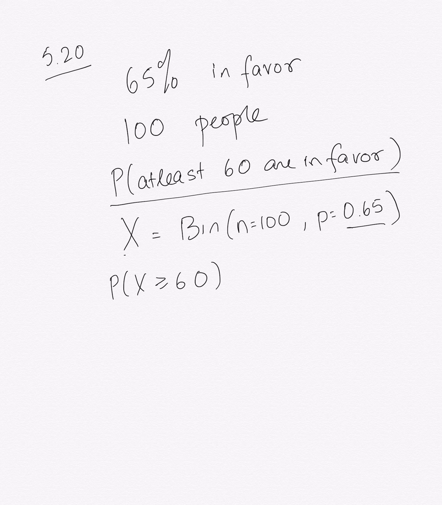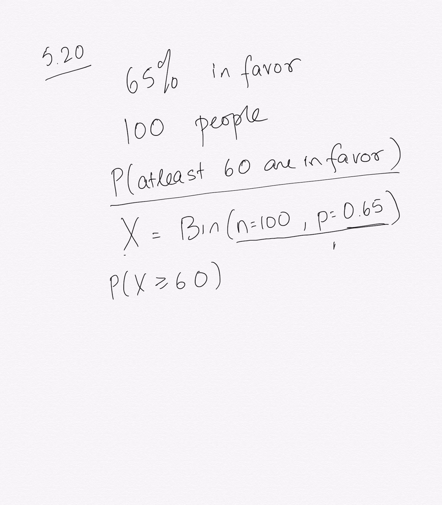That's going to be a giant sum, and we don't want to deal with that. So what can we do in this situation? Well, if you take a look at these numbers, n is pretty large. p is 0.65, not a minuscule number, so it's not a question about a Poisson approximation. And what do you have?